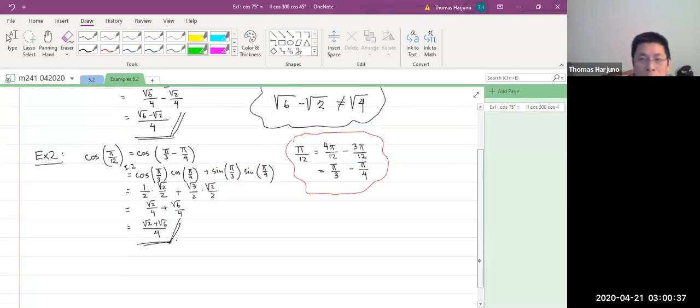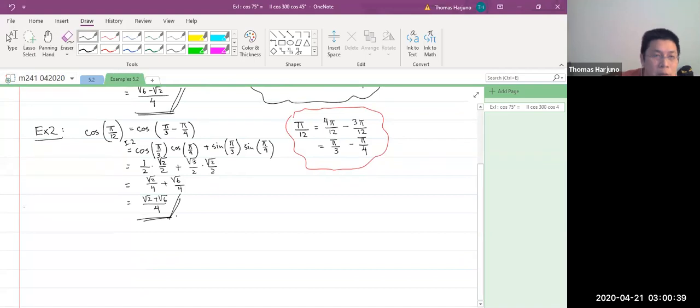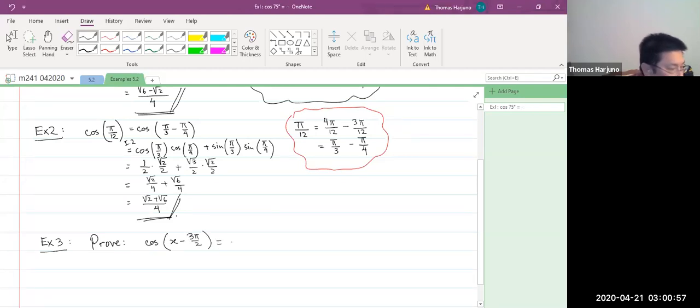Okay, so the third example is, suppose you want to prove that cosine x minus 3 pi over 2 is equal to negative sine x.